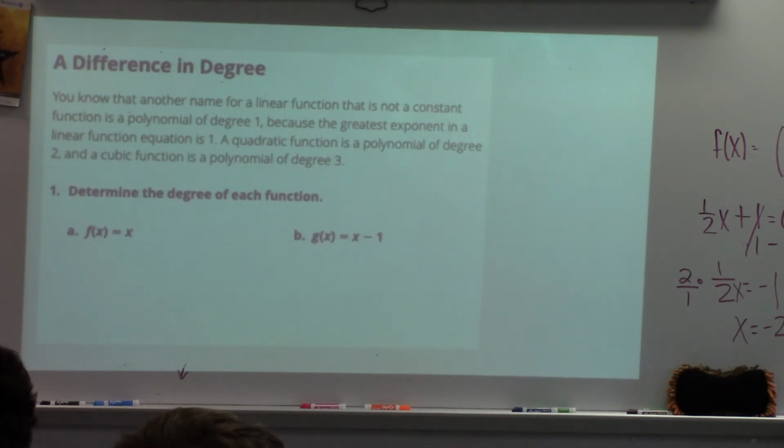So monomial is talking about the number of terms, but the degree determines the type of polynomial, or type of function.